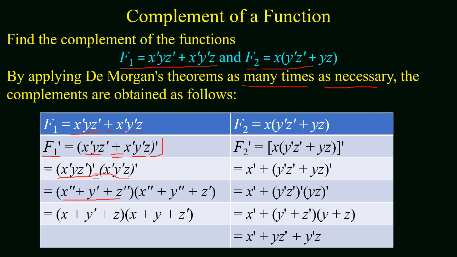So the equation will be (x double prime plus y prime plus z double prime) into (x double prime plus y double prime plus z prime), and we know that the complement of x complement equals x, so we will have (x plus y prime plus z) into (x plus y plus z prime). Now the same rules of De Morgan's law are applied to the second function, and solving this we will have (x prime plus y) dot (z prime plus y prime dot z).